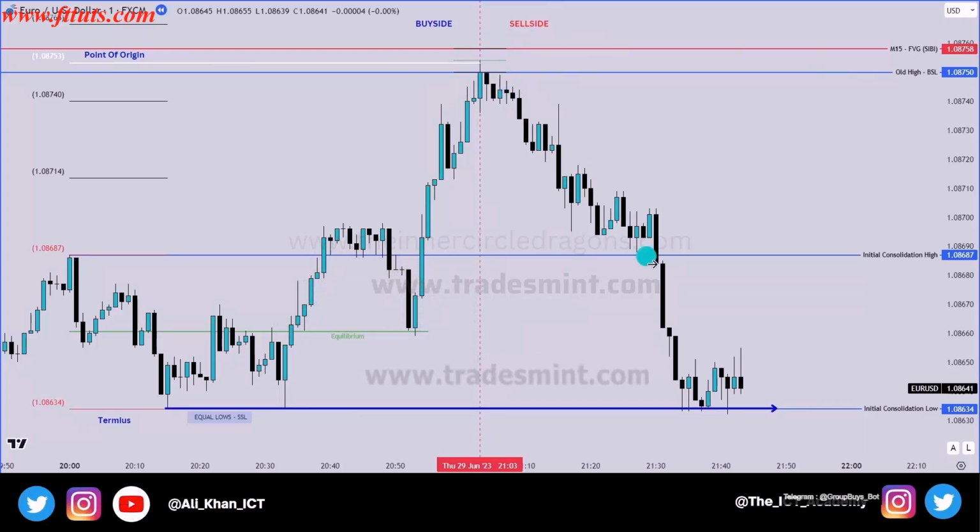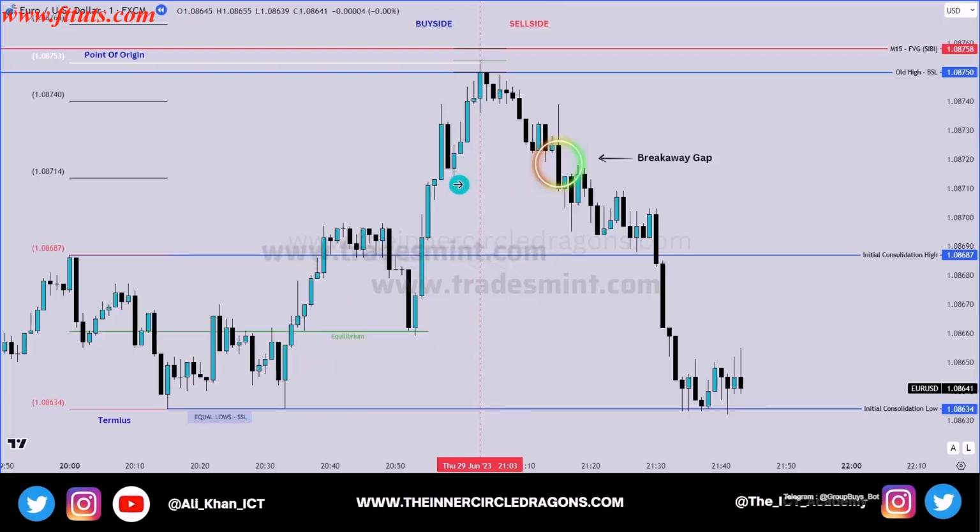The algorithm will then reprice back below the initial consolidation, and the interbank traders will offload their sell positions that they paired with the buy stops up here to the willing sellers below the equal lows. After our high probability break in structure below the second stage of accumulation, we have our breakaway gap, which is only partially filled here.